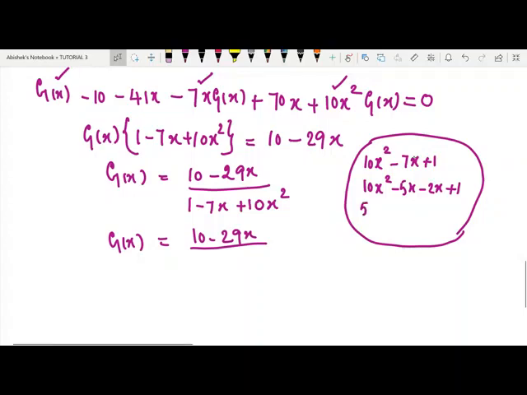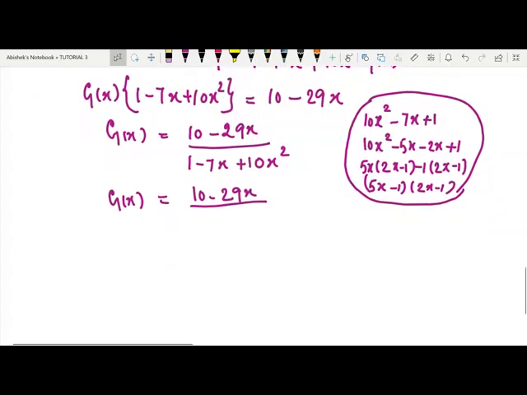Here 5x is common, so 5x into 2x minus 1, and here minus 1 into 2x minus 1, so 5x minus 1 and 2x minus 1 are the required factors.